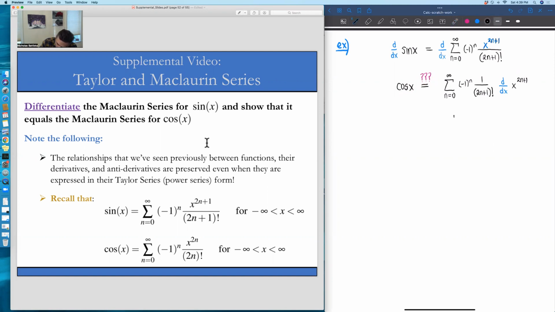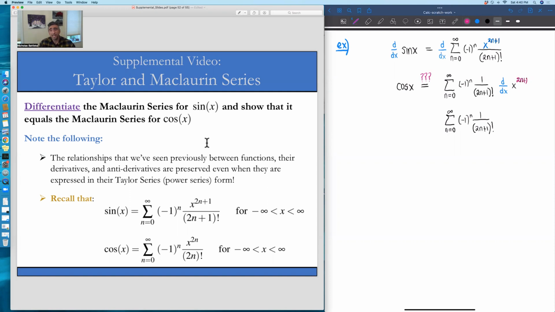So let's just continue looking at this right-hand side. This series n equals 0 to infinity, the minus 1 to the n, we have a 1 over 2n plus 1 factorial. None of that changes. The only thing for us to focus on is what happens to that x to the 2n plus 1 when we take a derivative with respect to x. Well, we have a variable raised to a power, so this is going to be a power rule differentiation, the power being the 2n plus 1.